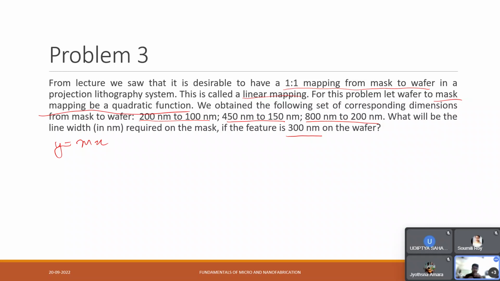For a 100 nanometer pattern you use 200 nanometer on the mask, and similarly for the others. But for 300 you have to find the feature size in the mask, where the relation is a quadratic function, unlike the linear one.